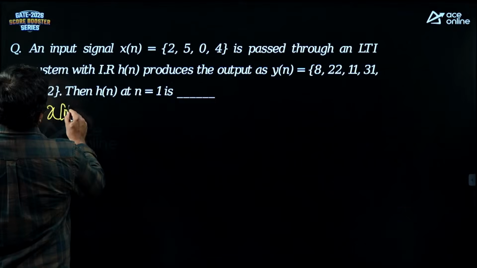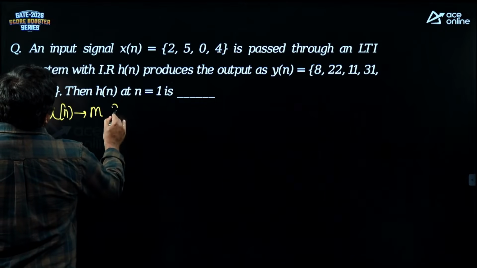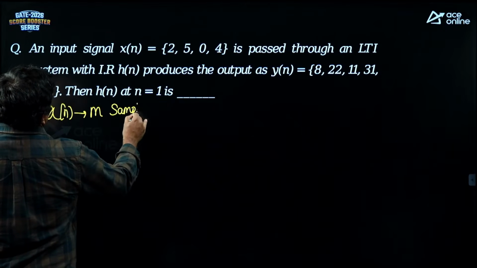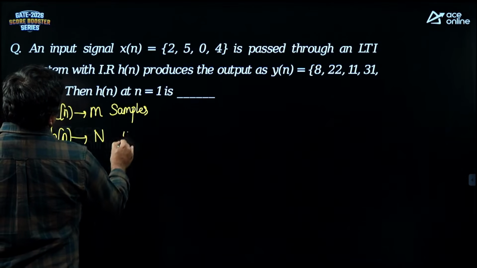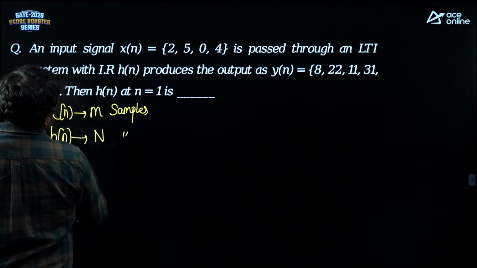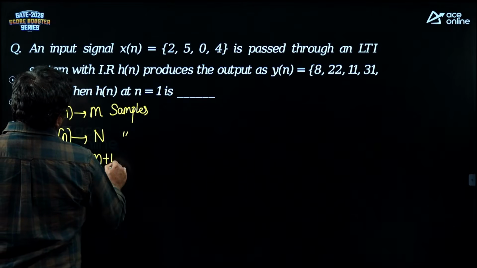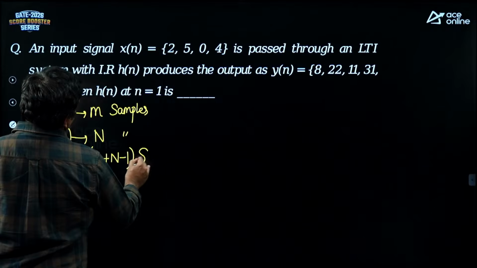You are aware that when the input length is m samples and the system length is n samples, the length of the output is m plus n minus 1 samples.